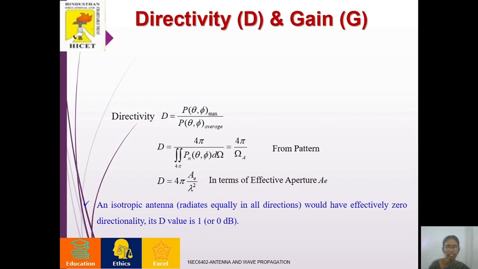Mathematically, D is equal to P(theta, phi) maximum value divided by the average of P(theta, phi). In terms of effective aperture, it is 4 pi A_e by lambda squared. An isotropic antenna which radiates equally in all directions has a D value equal to 1 always, or the directivity of an isotropic antenna is 0 dB.